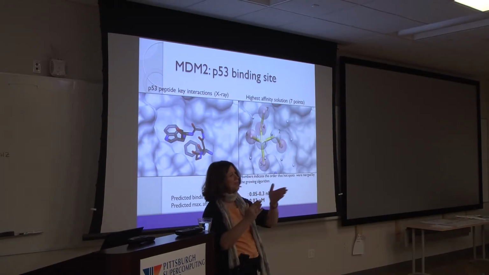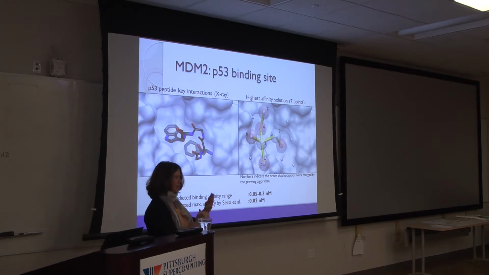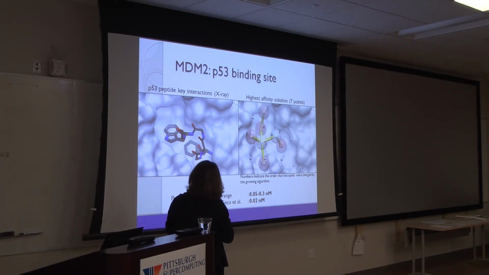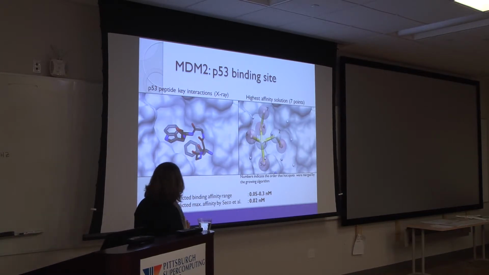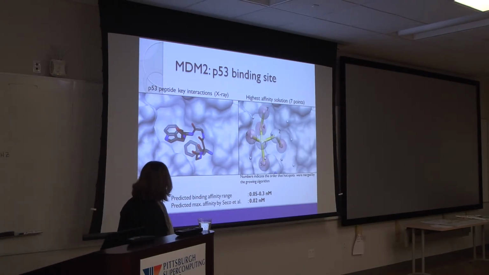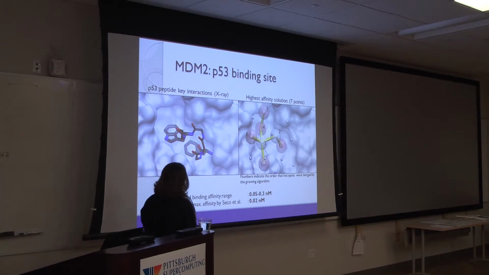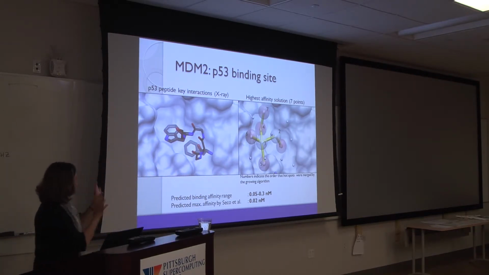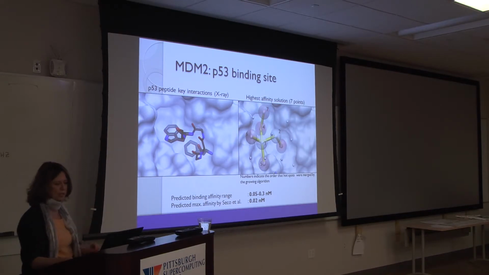Now you want something that will be competitively binding instead of the partner. Okay. Now in this case, what is known from X-ray is this is the protein that binds. This was a very important finding, actually. This family of proteins that bind P53 and interfere with the interaction with MDM2. In our case, when we do this type of simulations, this is the type of probe distribution that we obtain.